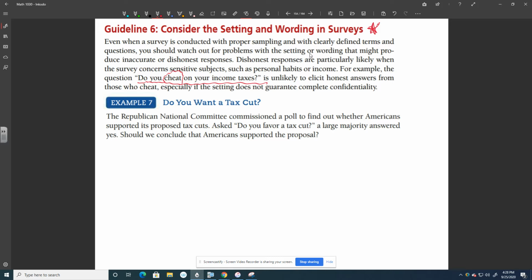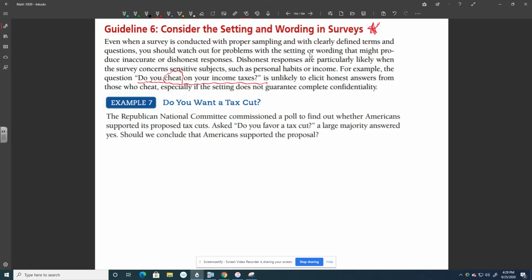And not only that, you're using a very strong word for it, okay? You cheated on your income taxes. That's a hard box for anyone to check, even if they know it's anonymous. So even though it might be true, you can't guarantee that it's accurate because of the way that it's worded.